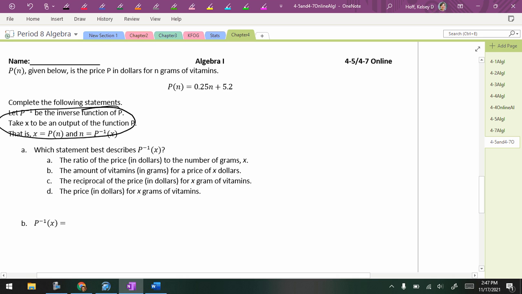Right now, P stands for what? Price in dollars. And N is the grams of vitamin. So if I find the inverse, that means they swap. So P inverse really equals the grams of vitamins, and N equals price.